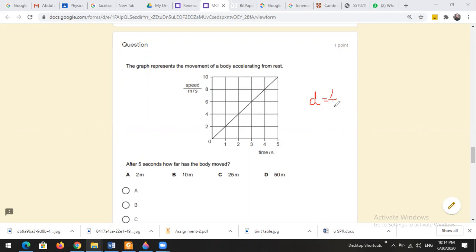We know that triangle area is 1 over 2 base times height. Here, base is 5 seconds, whereas height is 10. Calculating this value gives you 25 meters distance. So during this interval, the car travels 25 meters. So that is why option C is correct.